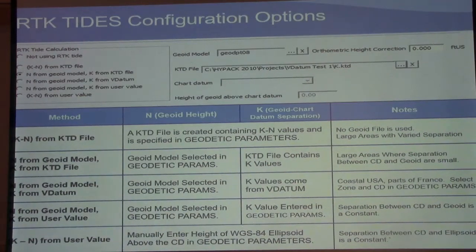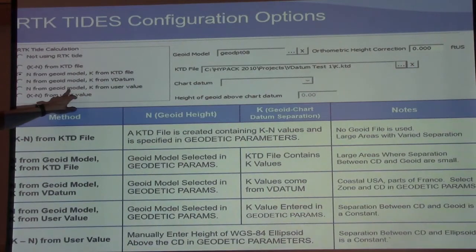We've recently updated the VDatum zones too, so it's a bit of a complicated process right now. You can download the latest ones from the NOAA website, and they'll be recognized in 2020. We also have a GeoPAR database file, which you can copy into 2019 if you need to use the latest NOAA VDatum files.